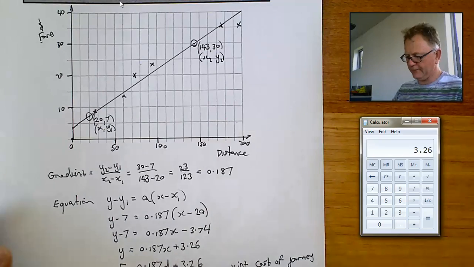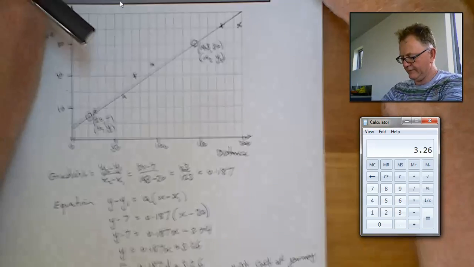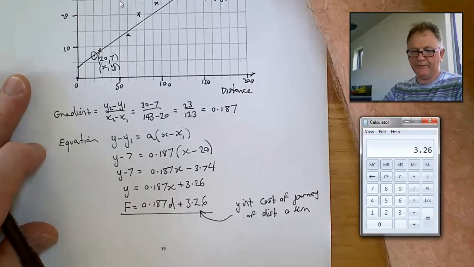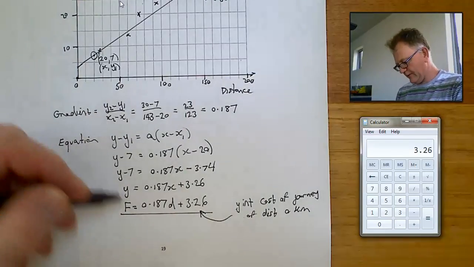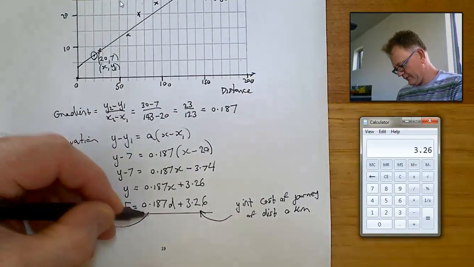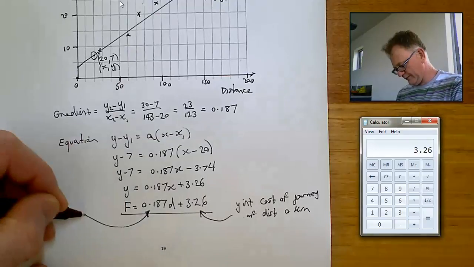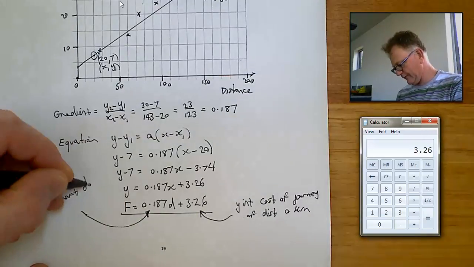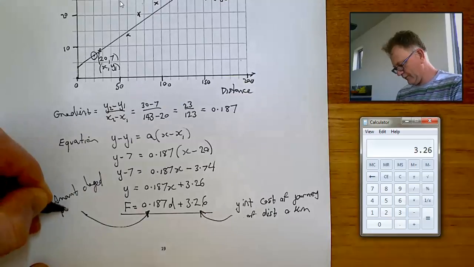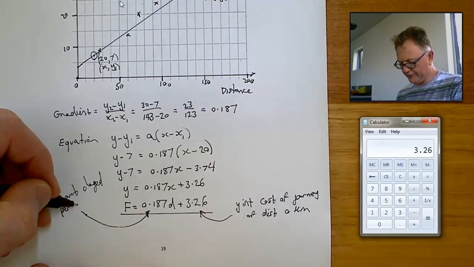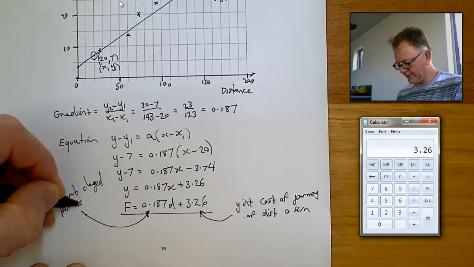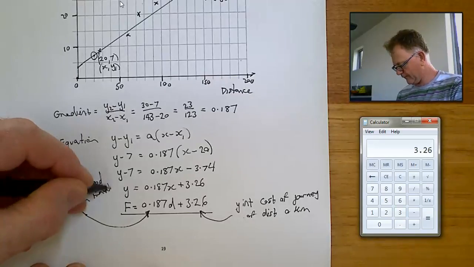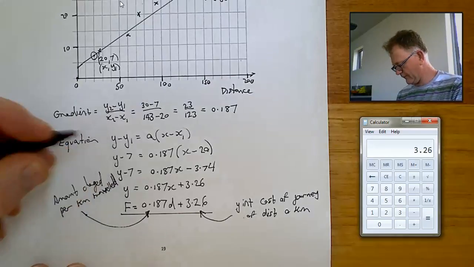And this one is the amount charged per unit distance travelled, or per kilometre travelled. Okay, that'll do us.